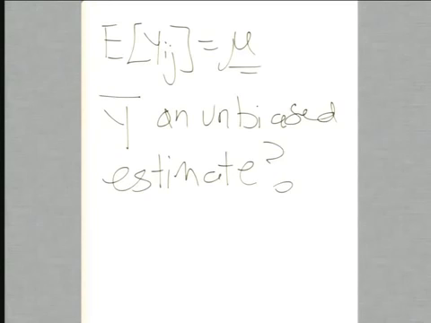I have the sample size of my study, and then I have the number of repeated experiments. When you talk about repeated experiments, that's an infinite number. You're saying in an infinite number of these, if I took the average, it would be equal to mu. But that's the definition of mean.